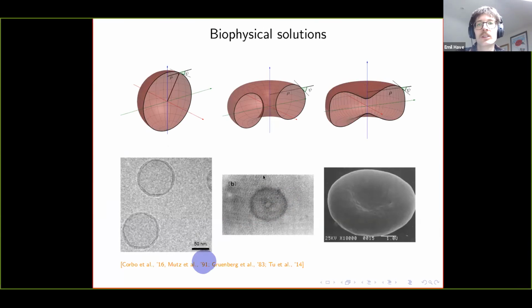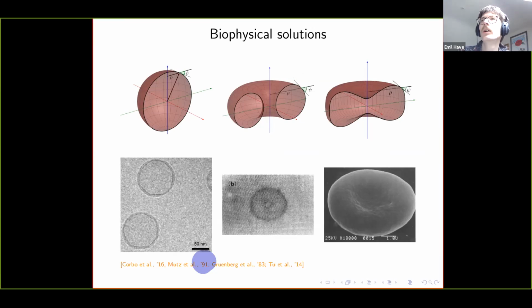To get those toroidal vesicles, you need to do something special to phospholipids, and they don't have any biological relevance per se, but they do form under certain conditions in the laboratory. And then finally, and famously, you have the biconcave discoid, as it's called, which is the red blood cell shape that the Canham-Helfrich model is most famous for reproducing.